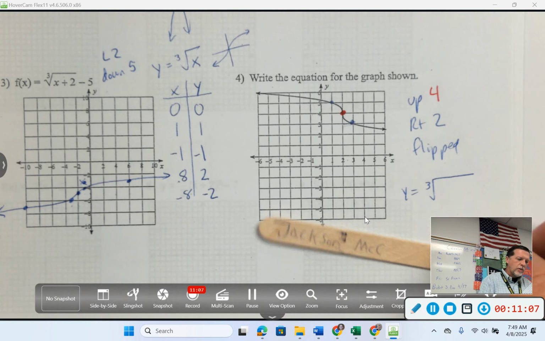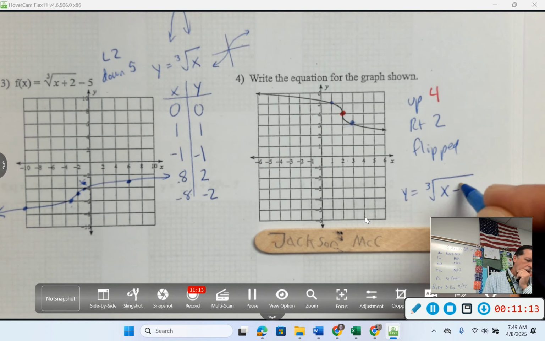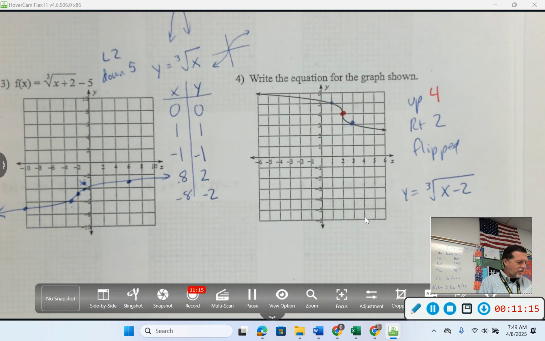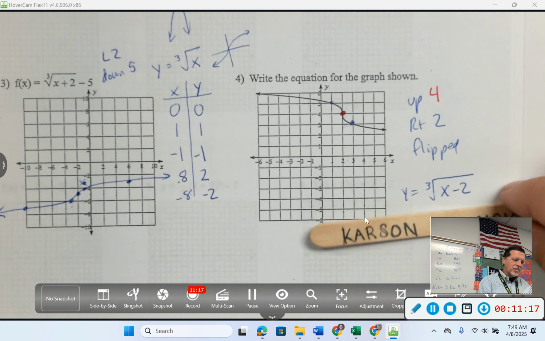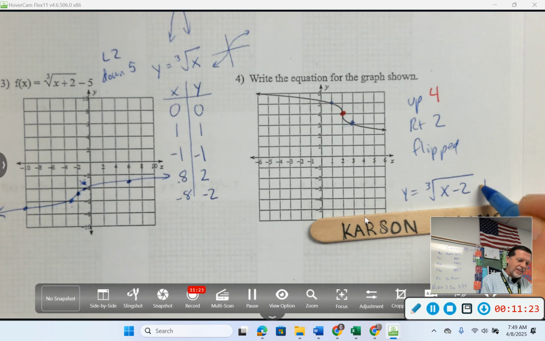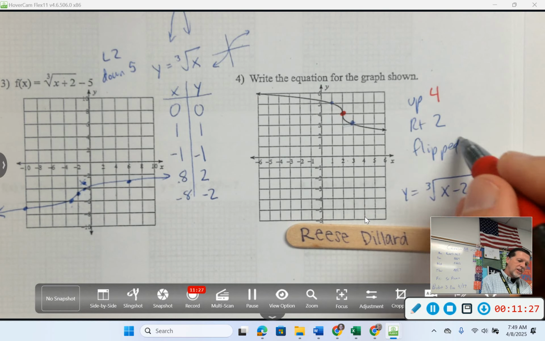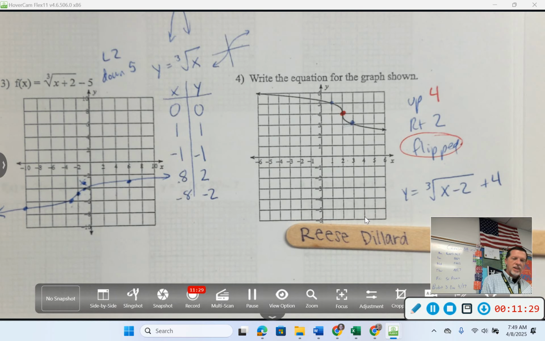So Jackson, how do I accomplish the right 2? So I went left -2, indeed. Carson, how do I accomplish the up 4? +4. That's good. At the end. And then Reese, how do I accomplish the flipped? You make it go from negative to positive. So where do I put that in the equation?